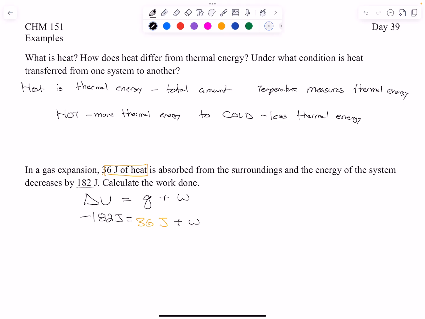So what is W? If I subtract 36 joules, looks like W is negative 218. All right, so that would be the work done.